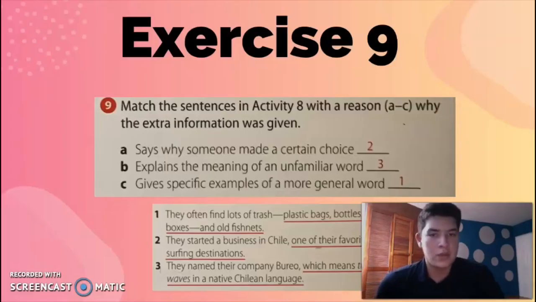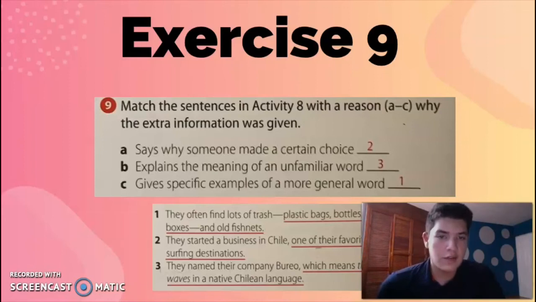Now, letter A, says why someone made a certain choice, and we match it with sentence number 2. They started a business in Chile, one of their favorite surfing destinations. This explains to us why they started their business in Chile, because it's one of their favorite surfing destinations. Okay? Letter B. Explains the meaning of an unfamiliar word.